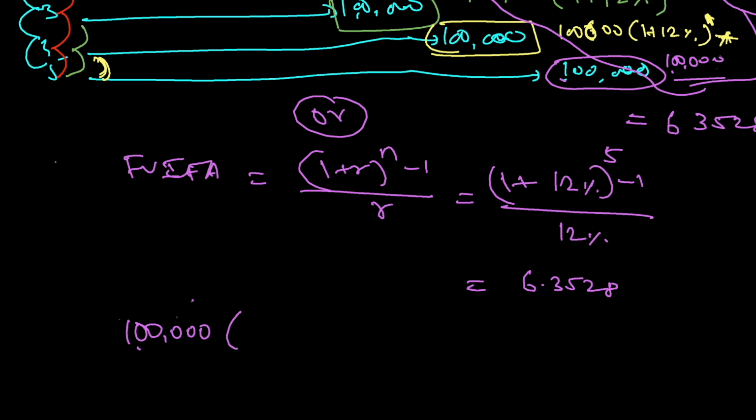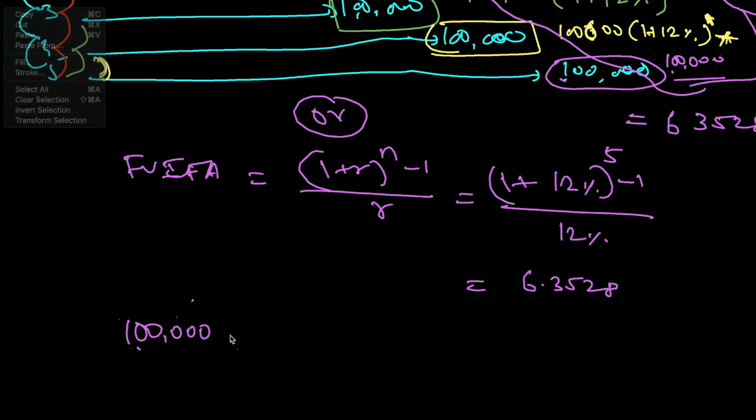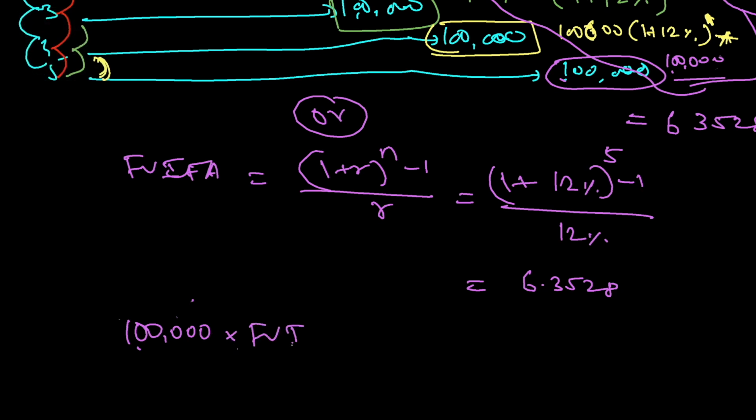So the formula here would be the annuity amount, which is 1 lakh, into the future value interest factor annuity, 6.3528.